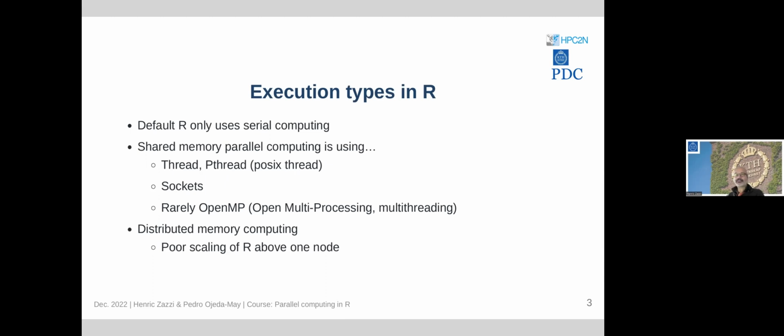Instead, the easiest way to do parallel computing is to use shared memory parallel computing. That type of computation uses either threads or POSIX threads. You can use something called sockets, and very rarely something called OpenMP, which is multiprocessing and multi-threading.